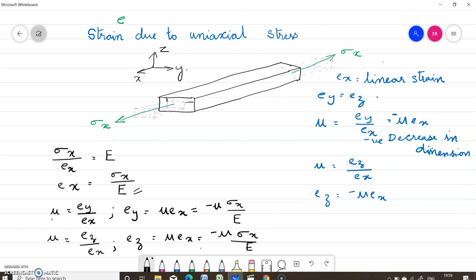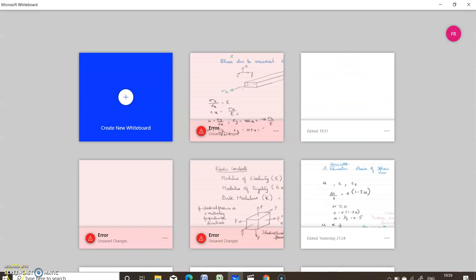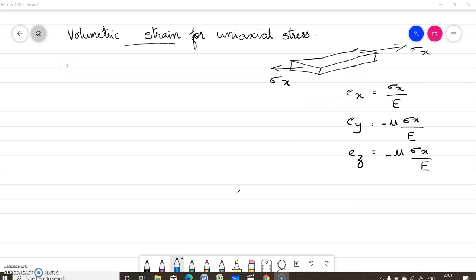So what is the volumetric strain for uniaxial stress? Since you have got the strain in all the directions x, y and z, now we can find out what is the volumetric strain. Now you have the equation volumetric strain EV is equal to Ex plus Ey plus Ez.